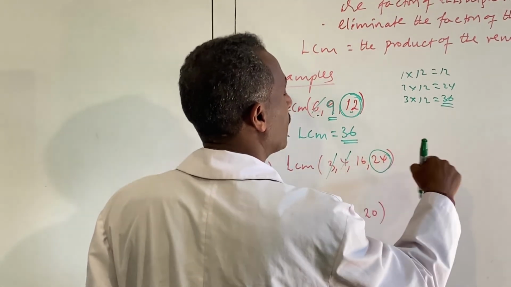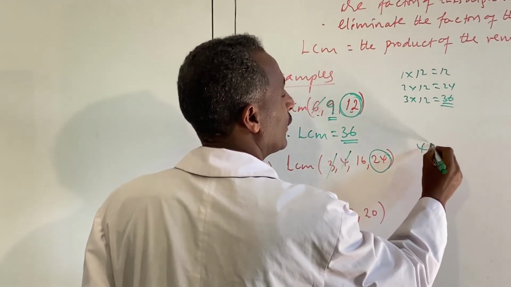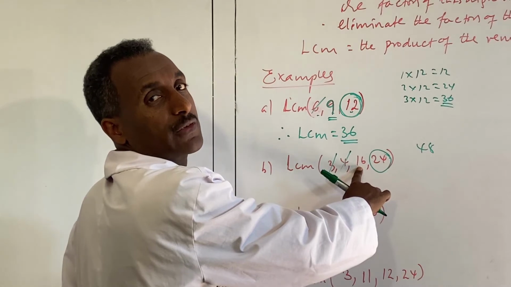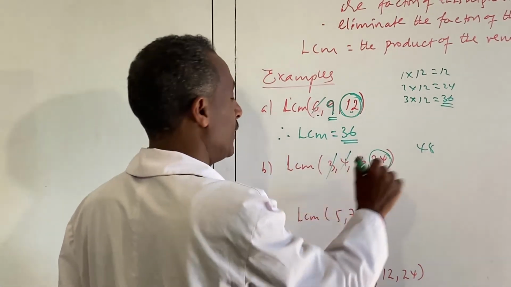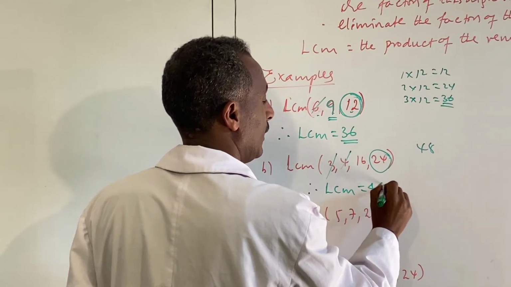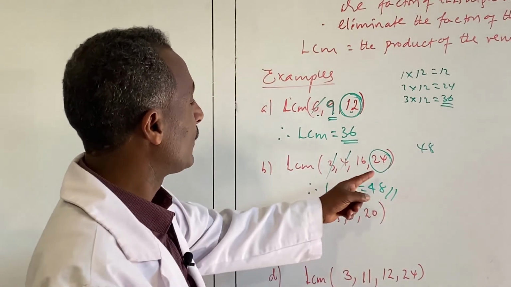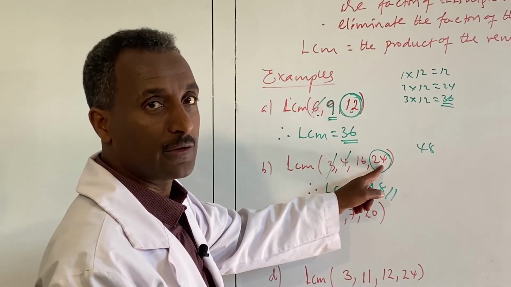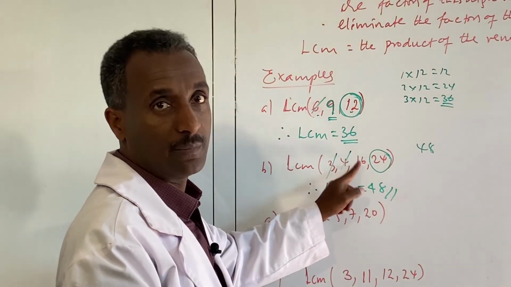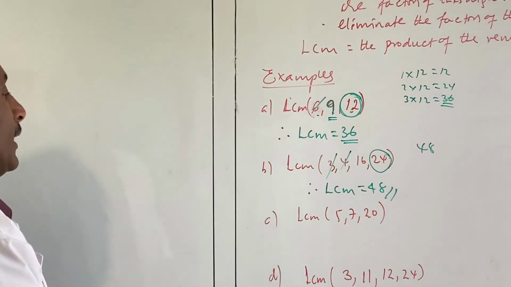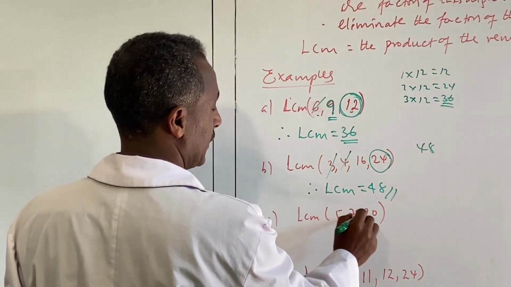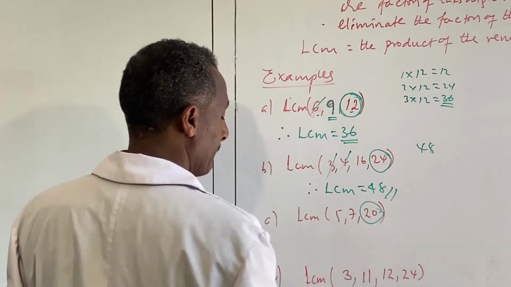How about twice 24, 48? 48 is a multiple of 16 because 16 times 3 is 48. Therefore LCM is equal to 48, the first multiple of 24 that is a multiple of 16.